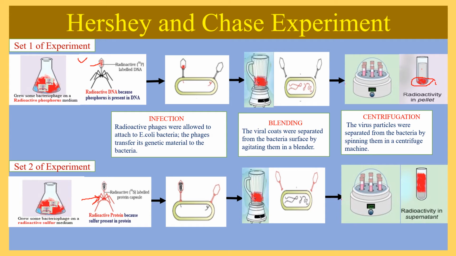In the upper portion, the low density molecules or light particles float. In this experiment, the bacteria have the higher density, so the bacteria deposit at the base. The bacteriophages have the lower density, so they are usually found in the supernatant.